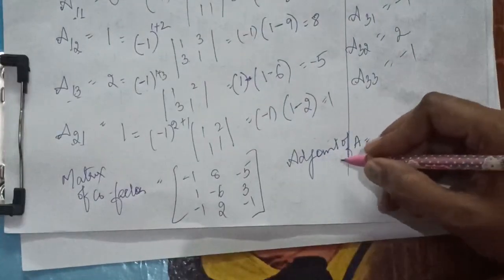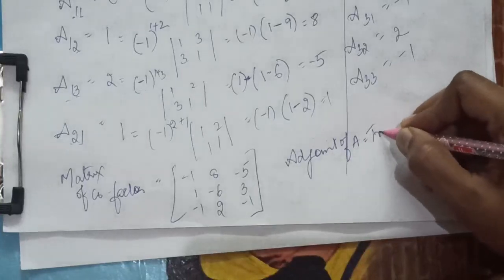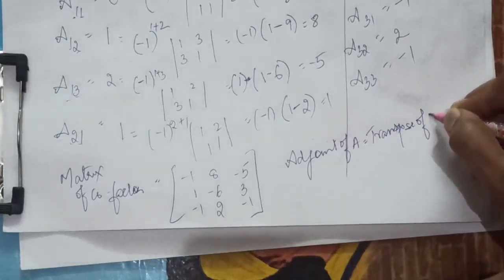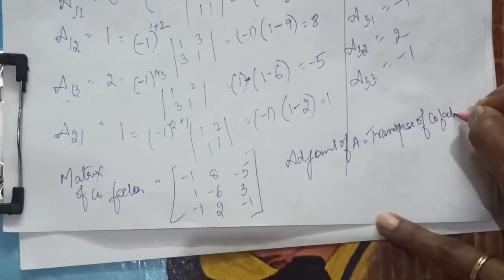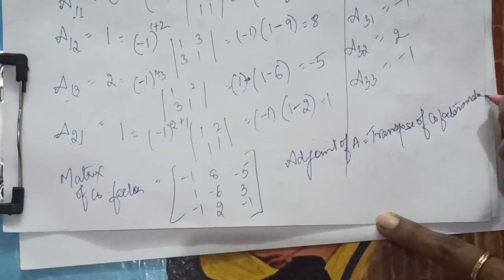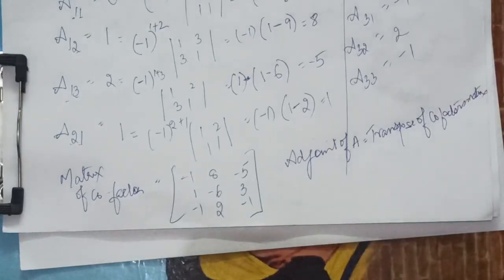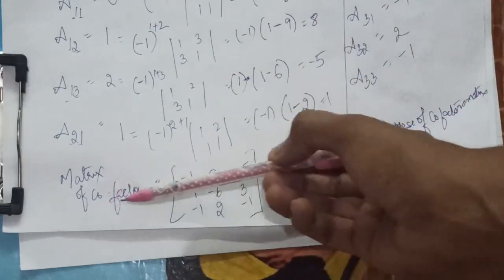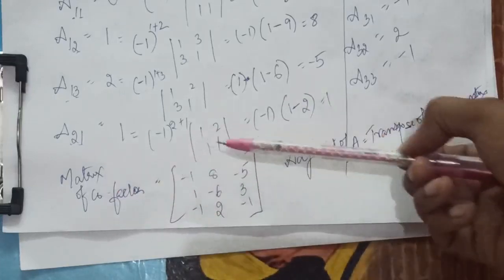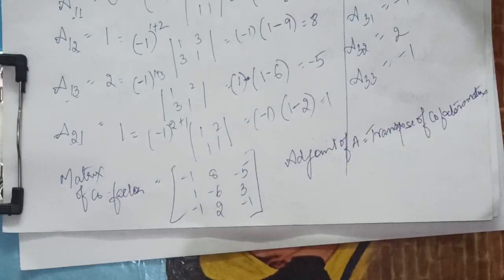The adjoint of A is nothing but the transpose of the cofactors matrix. Now in this question you have seen we have calculated the matrix of cofactors. When you take the transpose of this matrix, transpose means the rows will be converted into columns and columns will be converted into rows, it will become the adjoint.